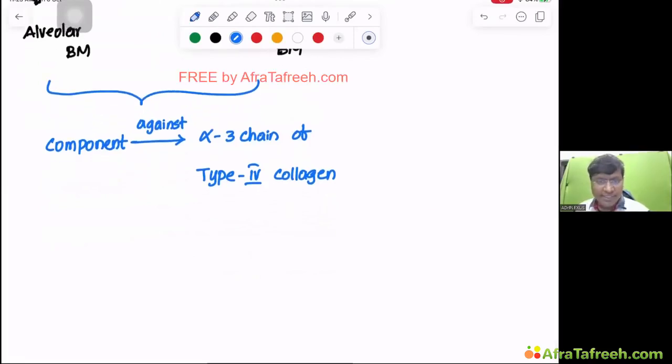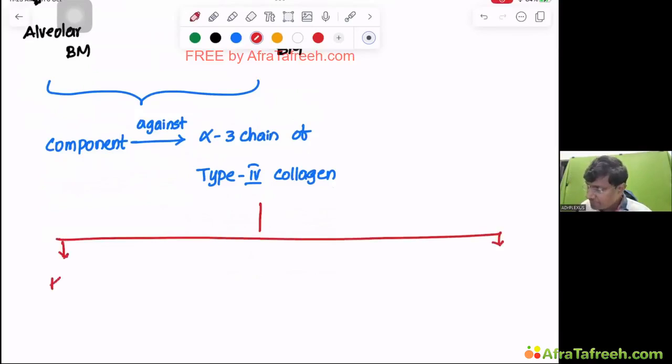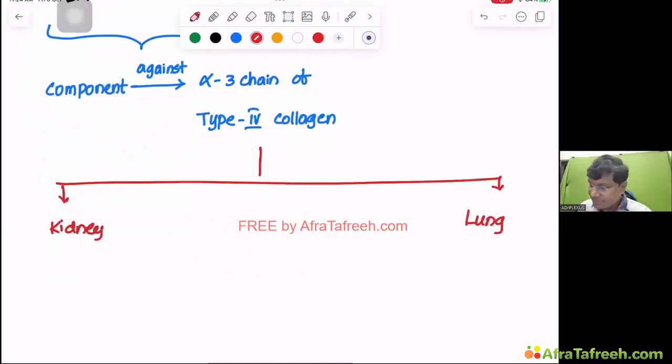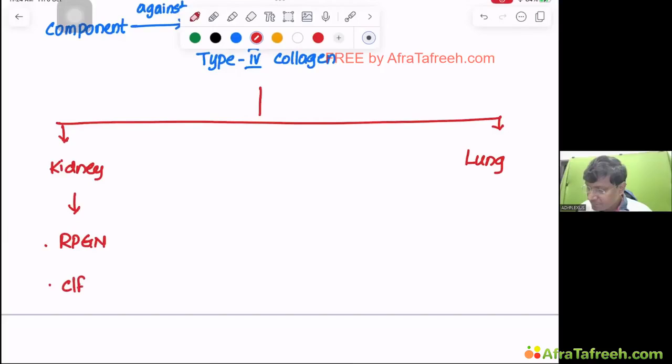Okay, now once the antibodies are formed against the alpha 3 chain of type 4 collagen, what will be the manifestations in the kidney and what will be the manifestations in the lung? In the kidney, there will be development of rapidly progressive glomerulonephritis, because of which these patients present with hematuria.